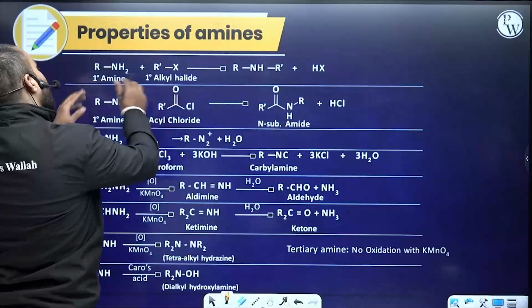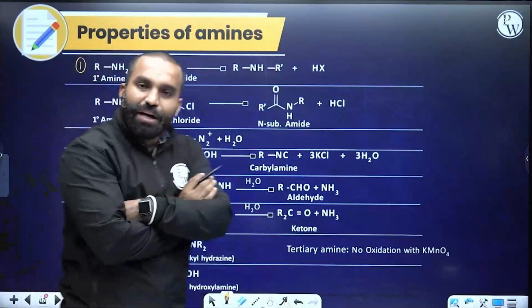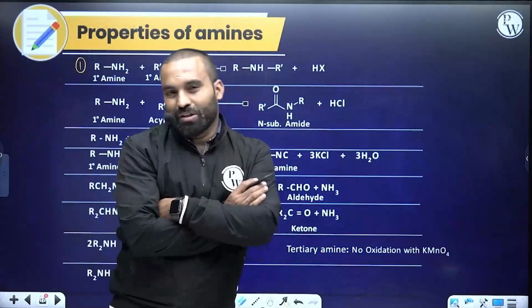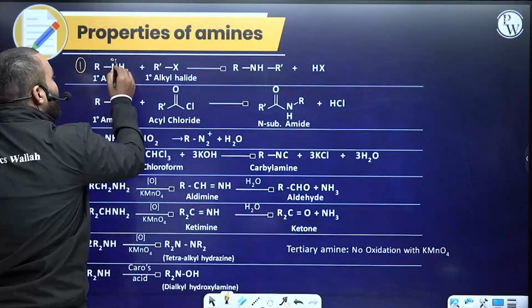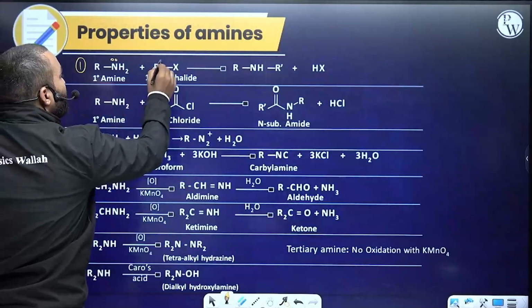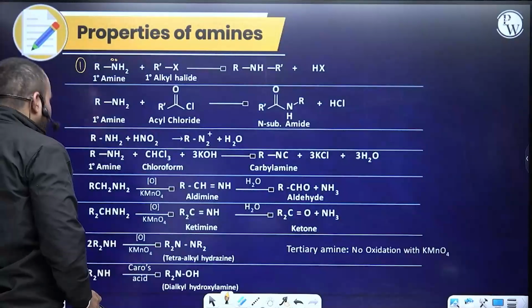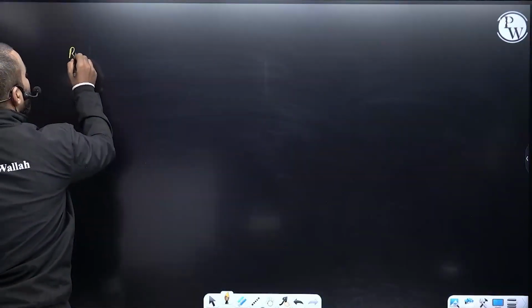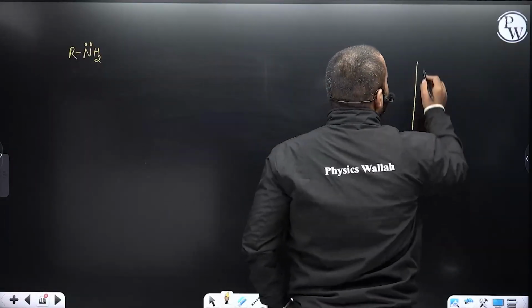Now let's try to understand this reaction number 1. It's a very simple reaction, just finding out the electrophile and nucleophile. There is this nitrogen having a pair of electrons, and a carbon-halogen bond is attached. There is R and H2, which has a pair of electrons, and I told you in my beginning classes how to identify nucleophile and electrophile.